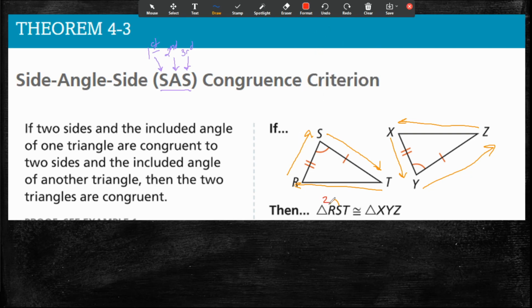All right, the first thing I have is from R to S. And here I have X to Y. So I'm going to label this number 1 and number 1. And I can see that from R to S and X to Y, I have the double tick mark.